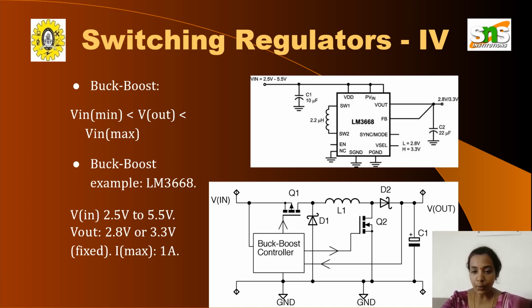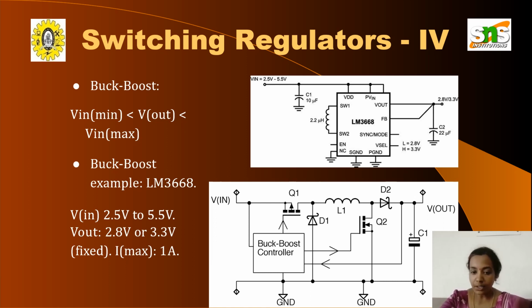So in switching regulator 4, we have two transistors, Q1 and Q2. Two diodes are there, used to get the perfect output with efficiency and accuracy. Diodes D1 and D2 and transistors Q1 and Q2 are used.